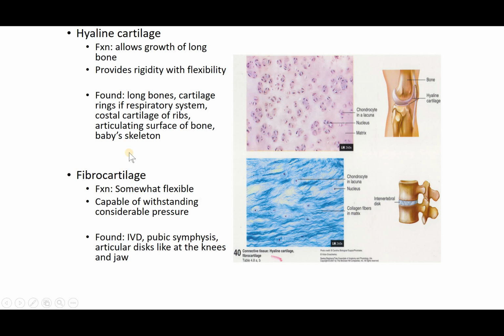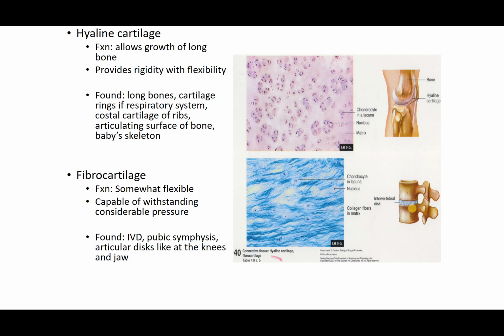Okay, fibrocartilage is somewhat flexible and capable of withstanding a considerable amount of pressure. Found in your intervertebral disc. That's over here. So your IVD is found right there in between the bone. So the picture we're seeing there of bone, that's your lumbar vertebra.